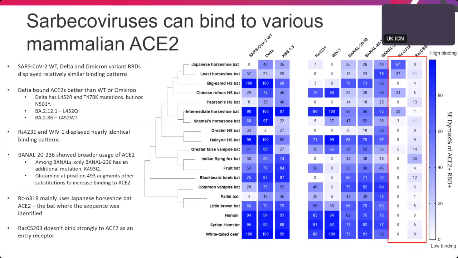However, if you've seen Nasia's poster, you will have noticed that RCO309 only showed entry into Japanese horseshoe bat, so we could conclude that RCO309 mainly uses Japanese horseshoe bat ACE2s. Whereas REC-CS203 failed to show binding in all of our assays, so we concluded that they don't use ACE2s as an entry receptor.